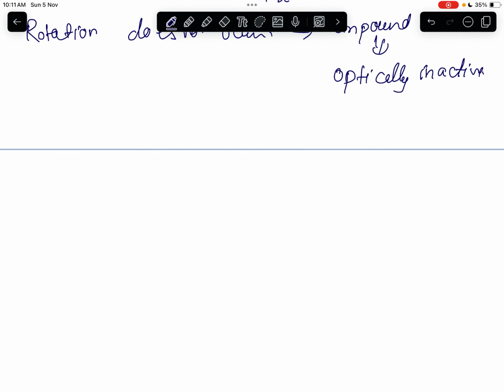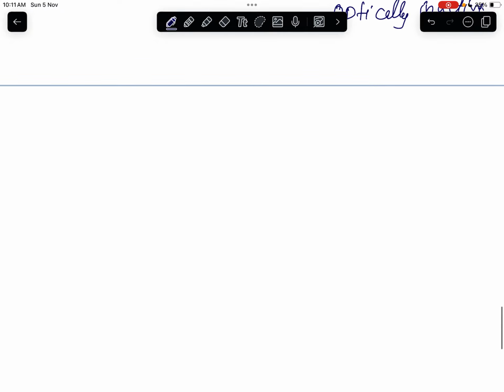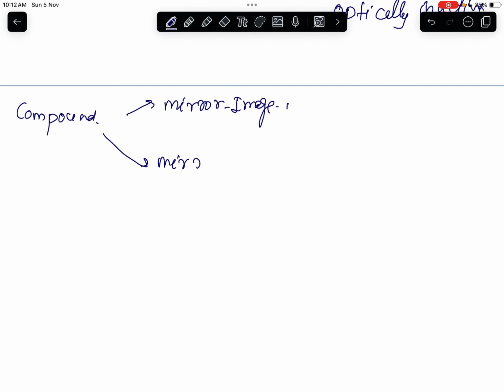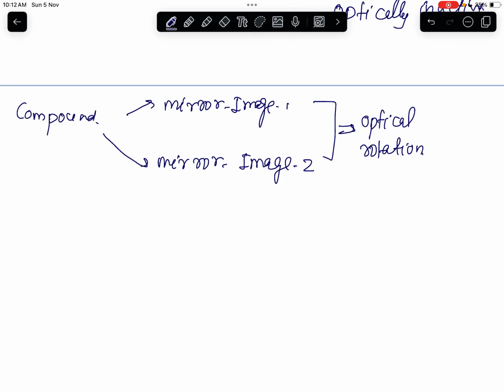Now let's understand the concept of stereoasymmetric carbon and stereocenter. Suppose there is a compound that has two mirror images, and both show the optical rotation, but they are in equal amount.